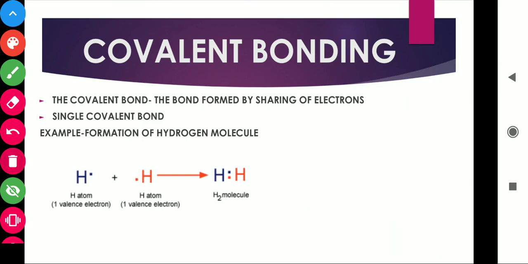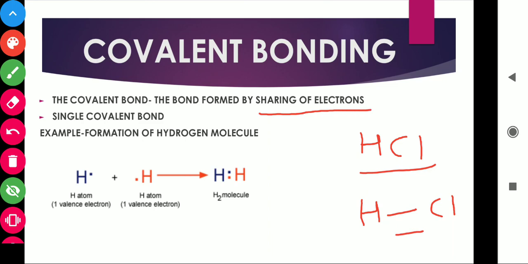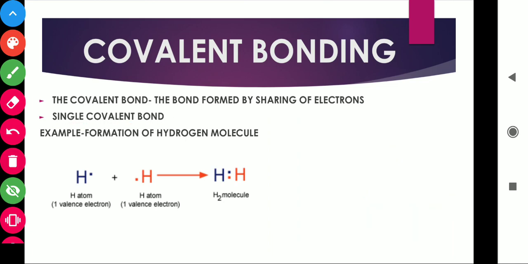F single bond F. You will draw one more example yourself, HCl. It requires one electron, it also requires one electron, and a single bond is formed between H and Cl. This is a single covalent bond. Hence, the bond which is formed by sharing of one electron is called a single covalent bond.